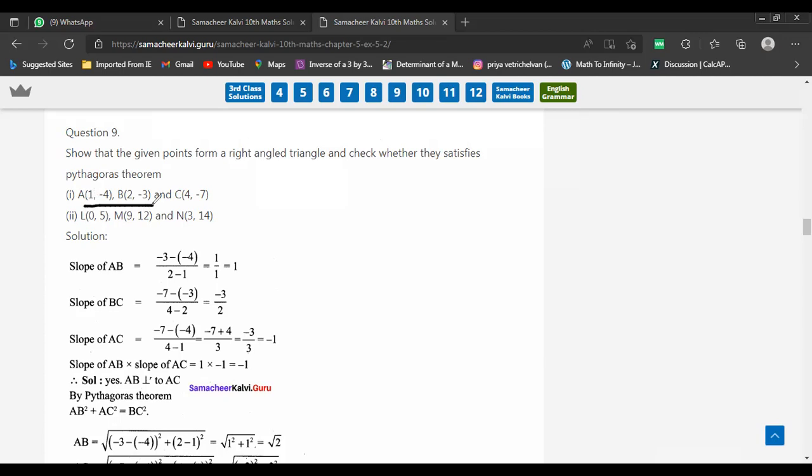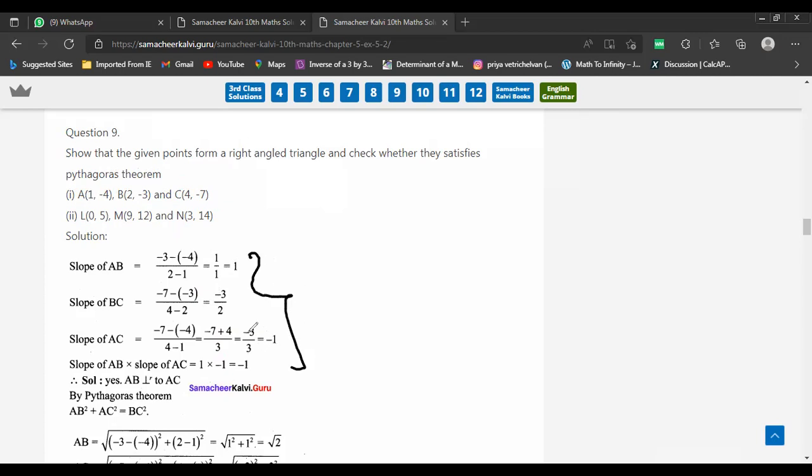You take these 2 points, assume this as x1, y1 and x2, y2, and you'll be able to find the slope of AB. Again, you take these 2 points, x1, y1, x2, y2, and you'll find the slope of BC. And you take A and C, x1, y1 and x2, y2, and you will find the slope of AC.